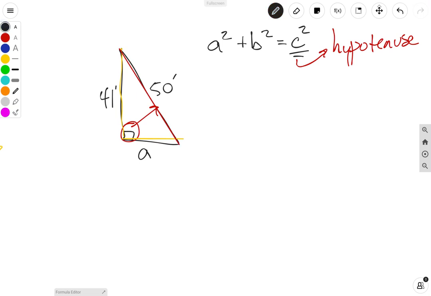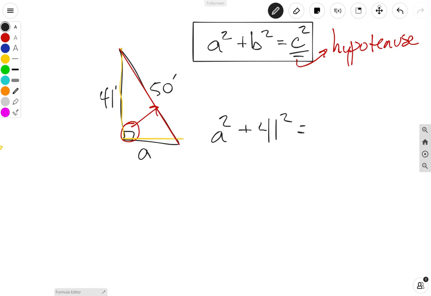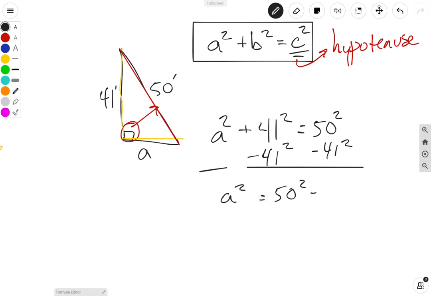So I could come back to our Pythagorean theorem formula, and I don't know A, so I'll just keep it as A, plus B, I know B, 41 squared, and C, I know C is 50, so 50 squared. All right, so a little algebra here, move that 41 squared over, and I'm left with A squared equals 50 squared minus 41 squared.